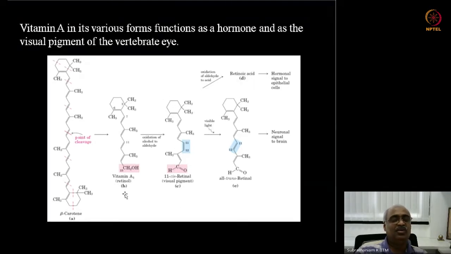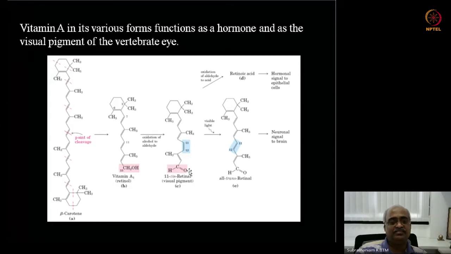Here this is the aldehyde functional group, and here you have a double bond shaded in blue. So here you have this group on this side of the carbon and this group on this side of the carbon, both on the same side. So this is the 11th carbon, therefore it is 11-cis-retinal.